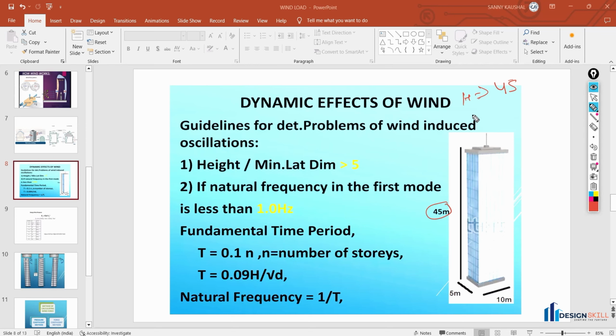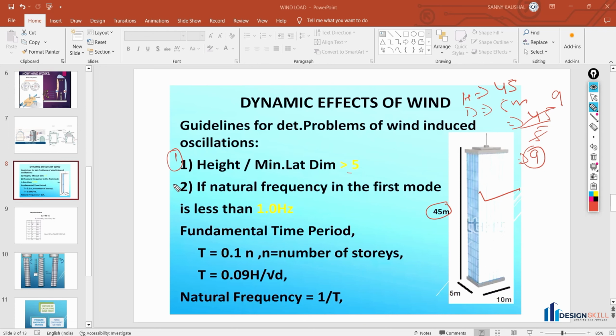I divide 45 by 5, it is coming to nearby 9. 9 is definitely greater than 5, so I require to apply a gust factor or dynamic effect of the wind in this particular structure. This is the first condition.